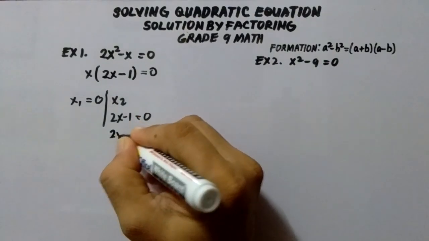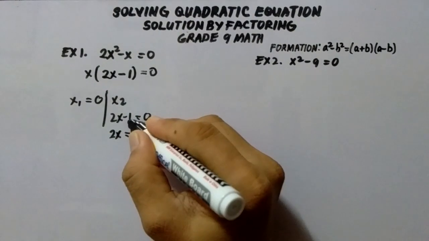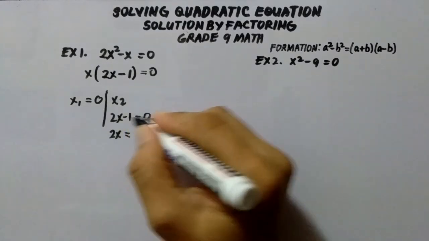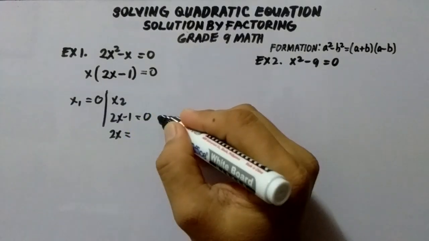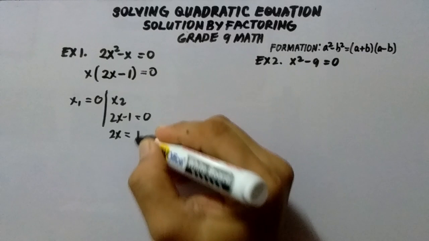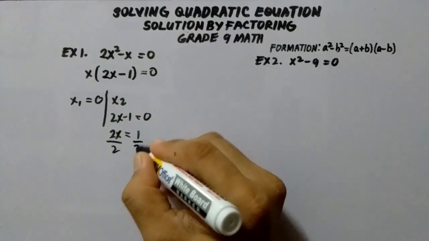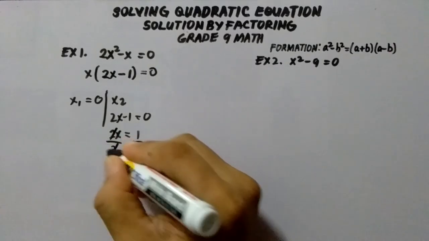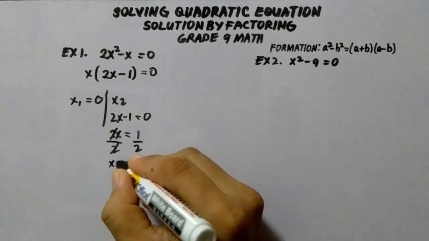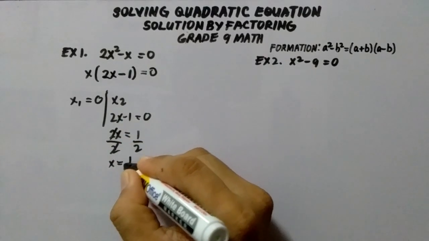Okay? So, 2x is equals to, so let's transpose negative 1 to the right side. So, negative 1 become positive 1. Okay, so let's divide both sides by 2. Then, canceled. So, x is equals to 1/2.